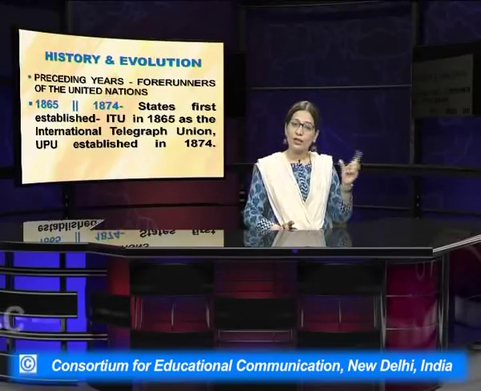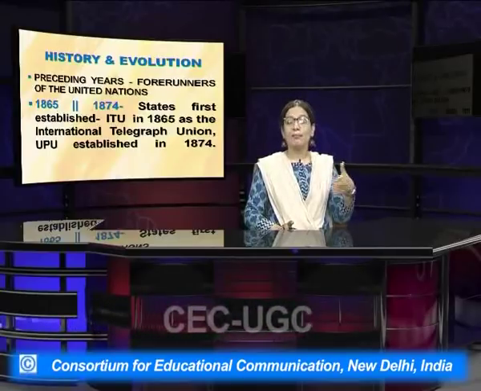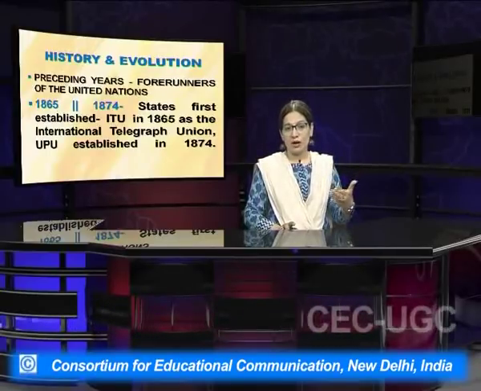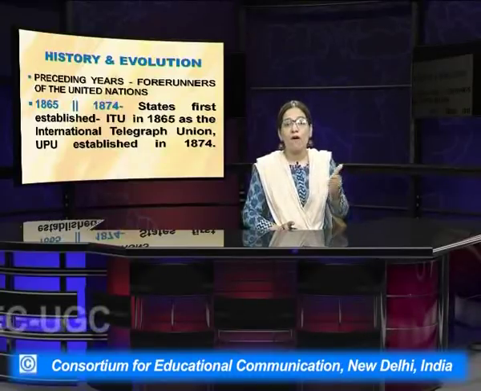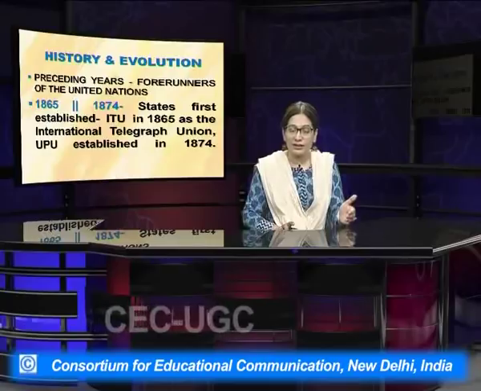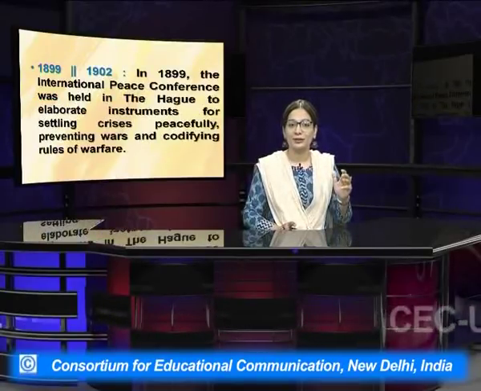Now, how do these unions become important? Because they gave the primary experience of what it means for nations to work together for managing common affairs in the realm of international organization.